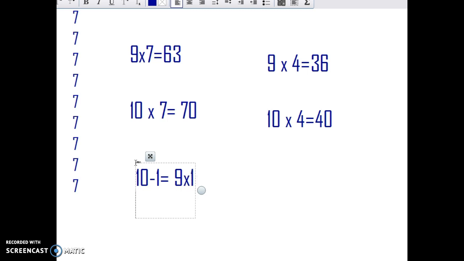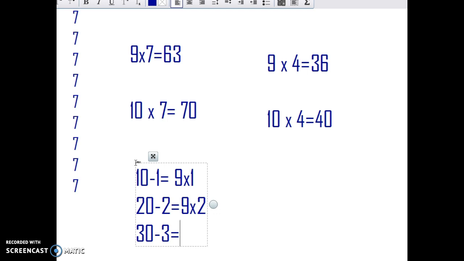And we've done this a lot in class, so the students have gotten used to it. 20 minus 2 is the same thing as 9 times 2. 30 minus 3 is the same as 9 times 3.